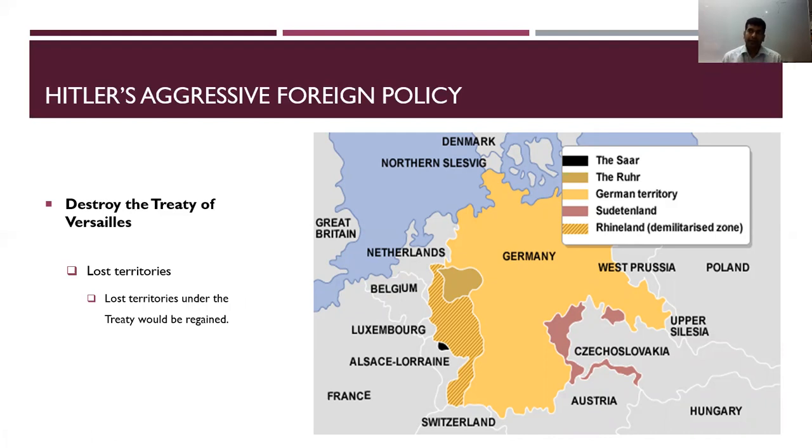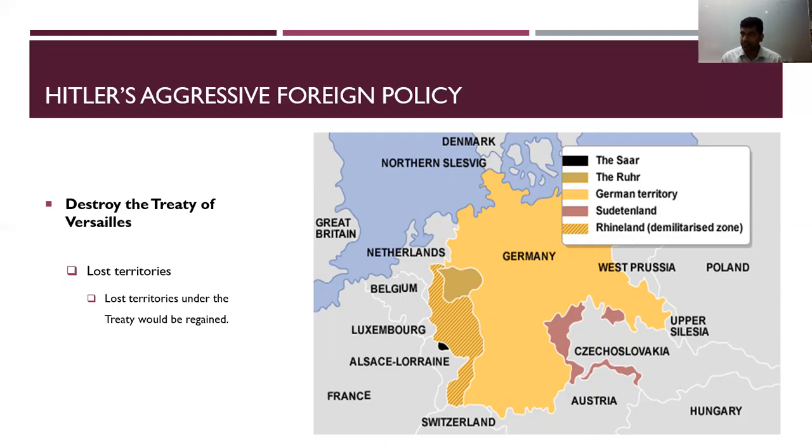By regaining lost territories, what we mean here is taking over lands that are predominantly German speakers. So lost territories were regained. Examples of these would be the Saar, the Ruhr, and Rhineland as well. Sudetenland was the most infamous case, which dealt with Czechoslovakia.